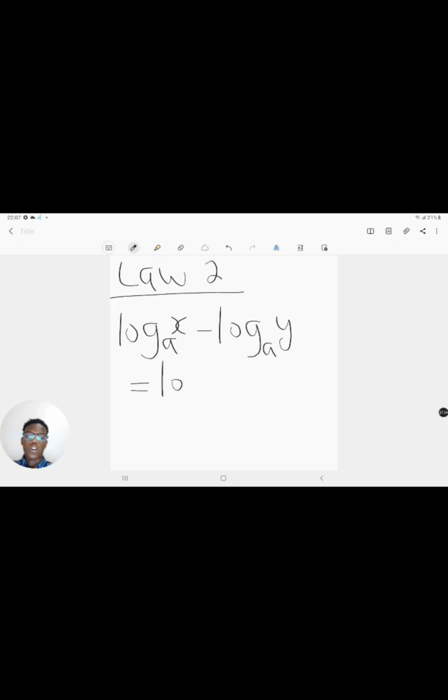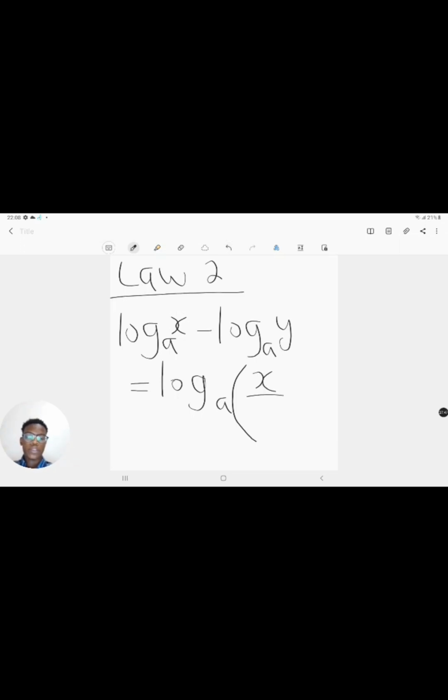Now, what is the second law? What is law number 2? Well, law number 2 is actually the opposite of that. You've got log of a number x, with the base a, minus log of a different number, or it could be the same number, it doesn't matter. This is equal to log of that same base, and then instead of multiplying these two things, now what you do is you divide them.